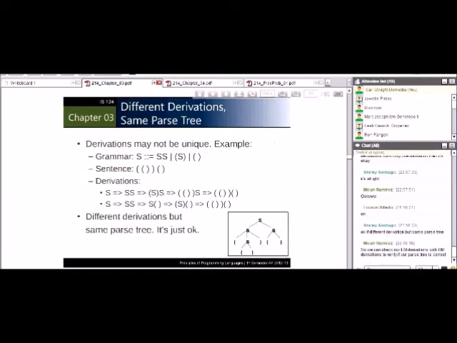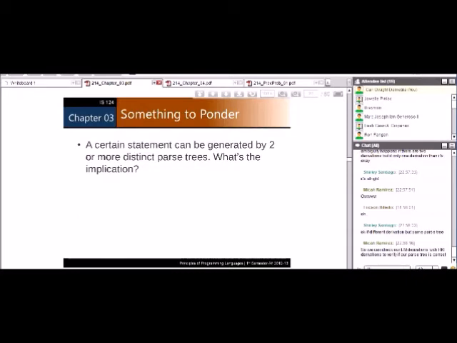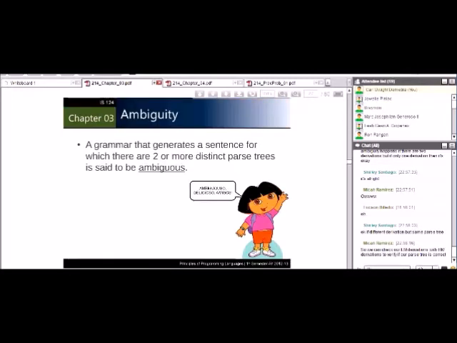That's all right, based from our slide here. But if you are able to produce two or more distinct parse trees, yung pinag-uusapan natin dito, what's the implication? It's not all right. Because of ambiguity.